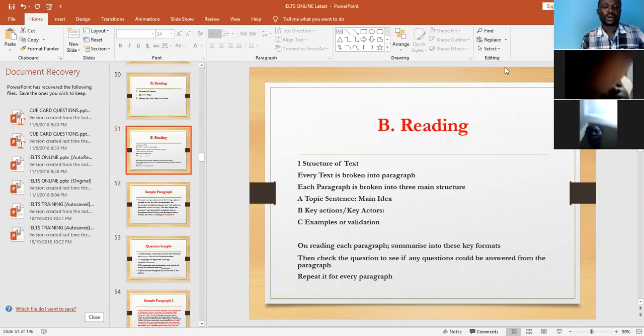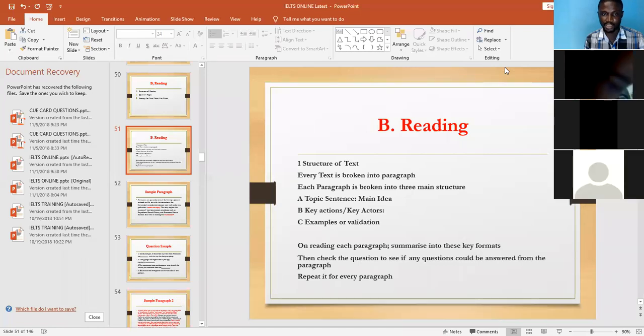So, from where we talked about the IELTS reading structure and how to read effectively.